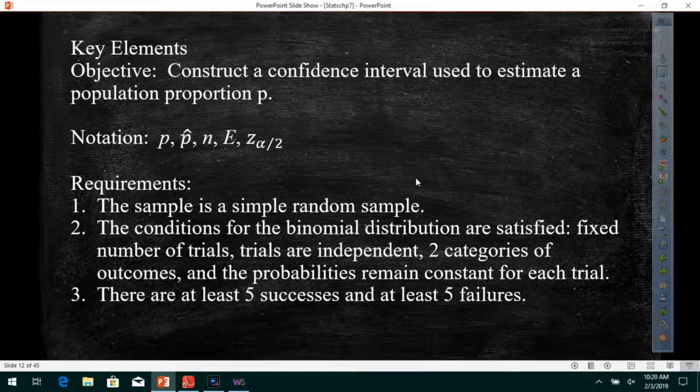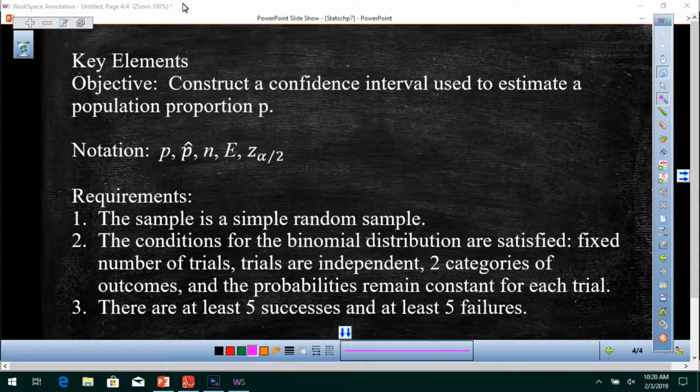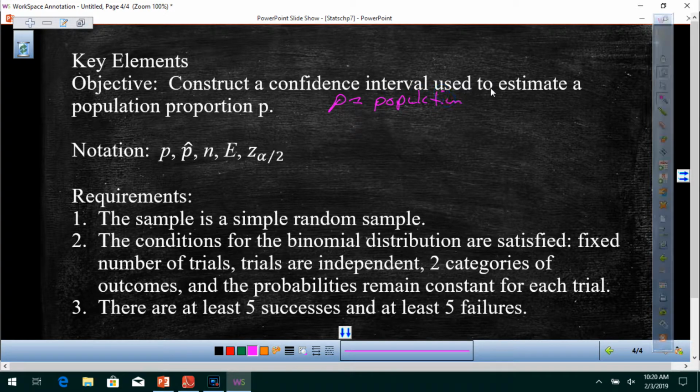Now we have several notations here. p equals the population proportion. p hat is the sample proportion. n is the number of sample values.